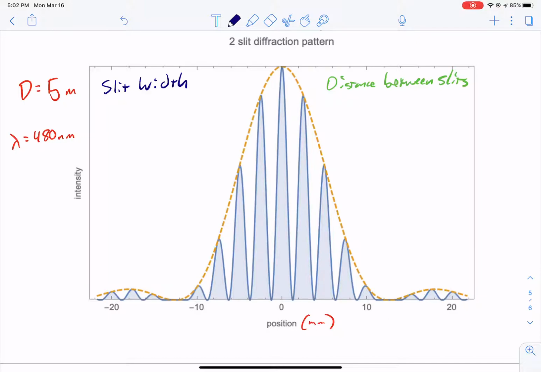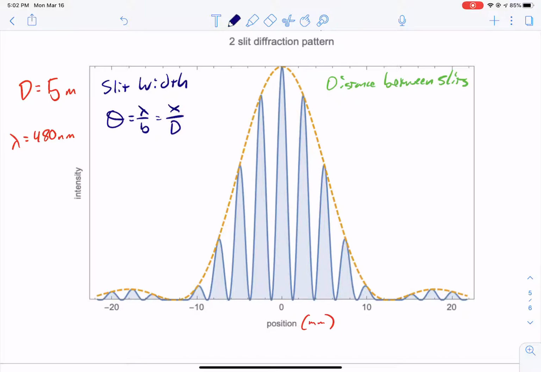All right, to find the slit width, we're first going to look at the single slit envelope. This is the envelope right here. To look at the envelope, we're going to think about the equation theta equals lambda over b, which also equals x over D. Remember, x is the spacing to the first minimum.